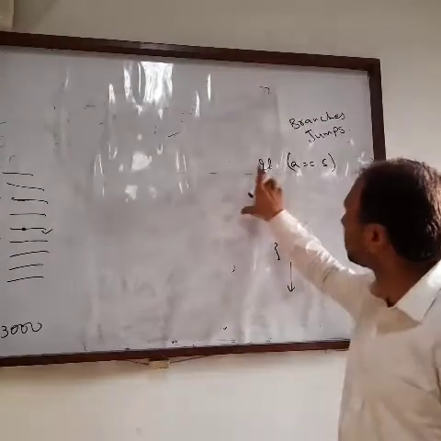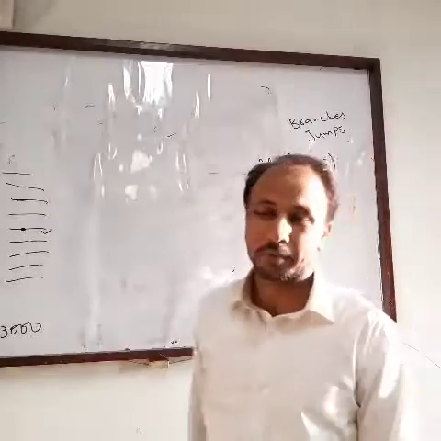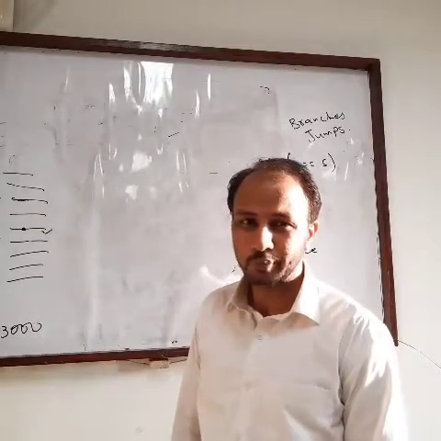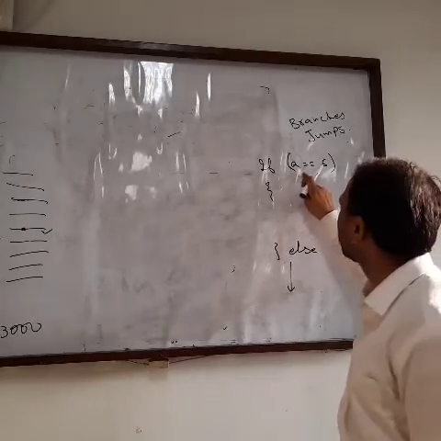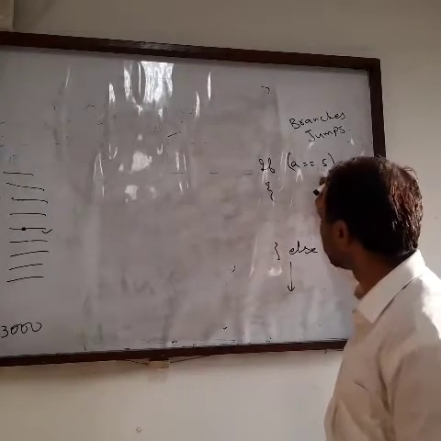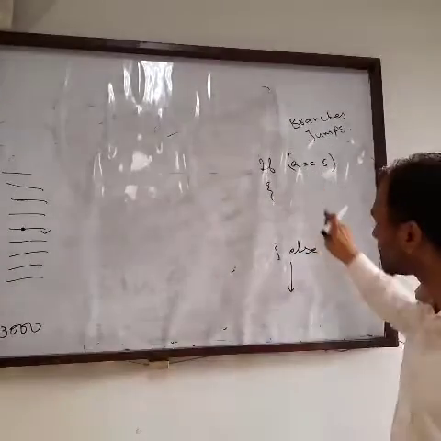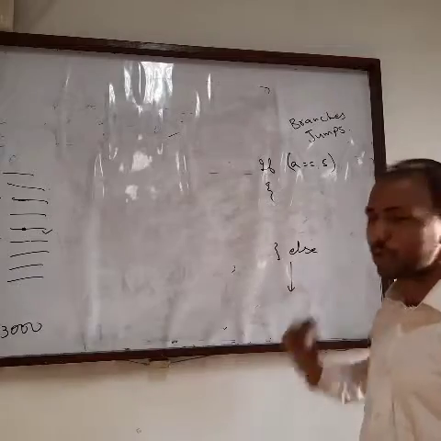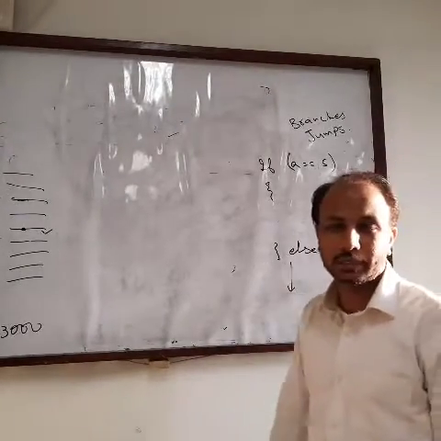We want to implement this if and else structure in our assembly programming. How can we do it? Let's say if A is equal to 5, it will run this program, and if A is not equal to this, our program should run these instructions. So how can we do this in assembly?